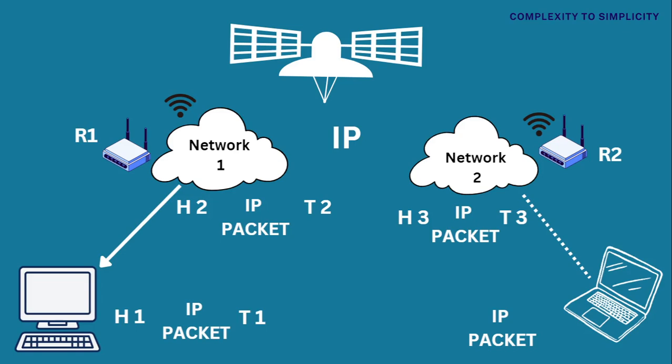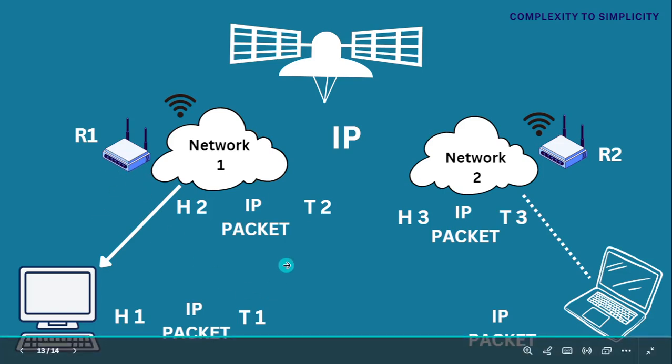In this example, the desktop is connected to router R1 with the help of an Ethernet cable. This is the Ethernet cable, connected to router R1, and on the other hand, R2 is connected to a laptop, and this connection is a wireless connection.